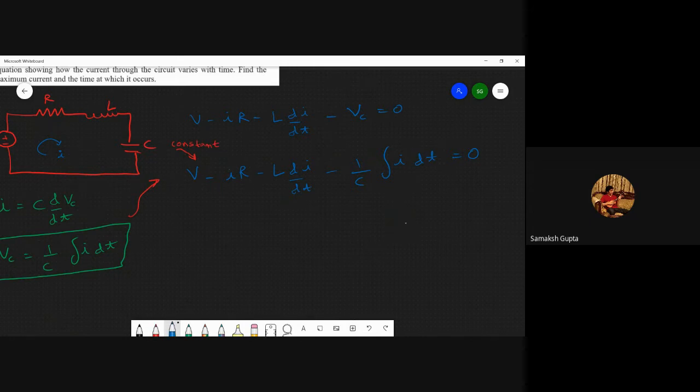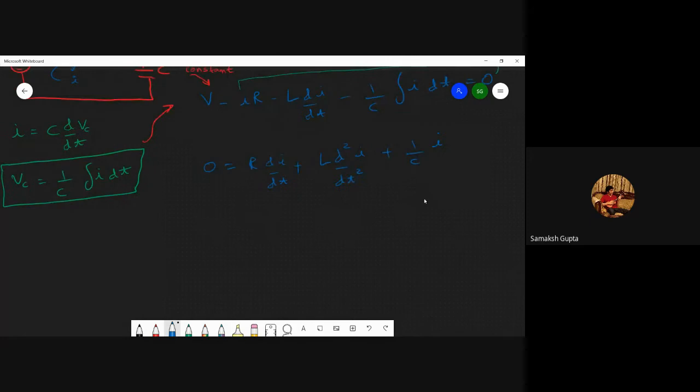So we will have 0 is equal to, taking all of these components to the right side of the equal sign, so they'll all get plus now: 0 is equal to R di by dt plus L d2I by dt square plus 1 by C times I. All these three things become plus.